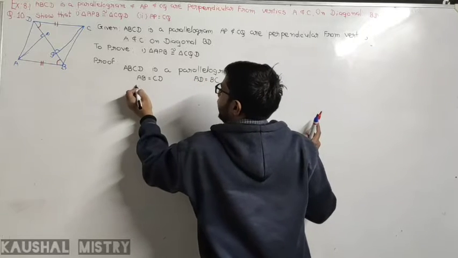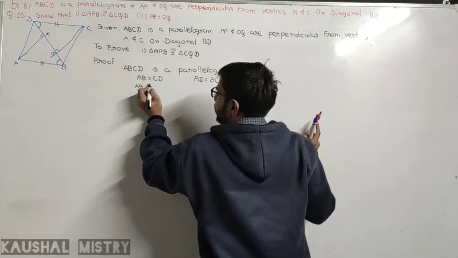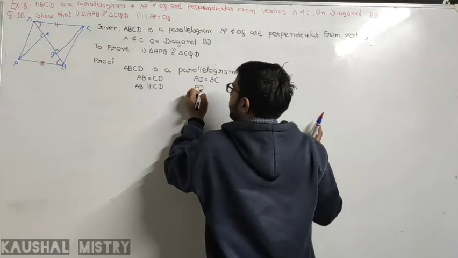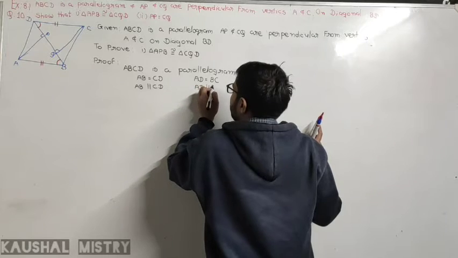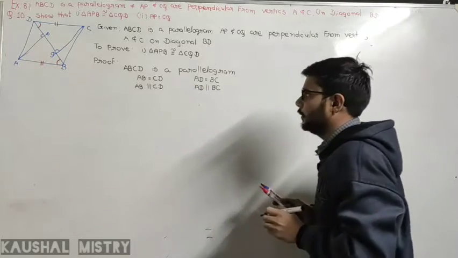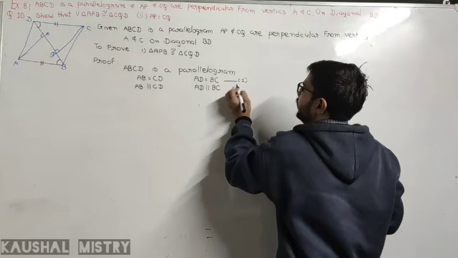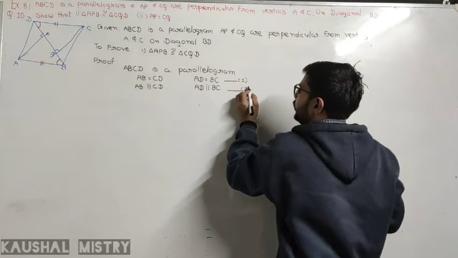And one other thing, that AB is parallel to CD and AD is parallel to BC, right? We will name this as result number 1, this as result number 2.